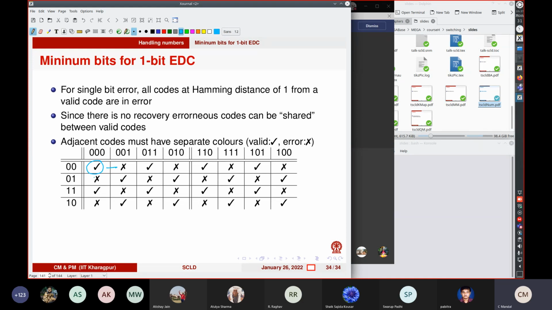So this is a code at a distance of 1. This is a code at a distance of 1. This is also at a distance of 1. All right. This is also at a distance of 1. So all these codes at a distance of 1 are faulty codes. All right.